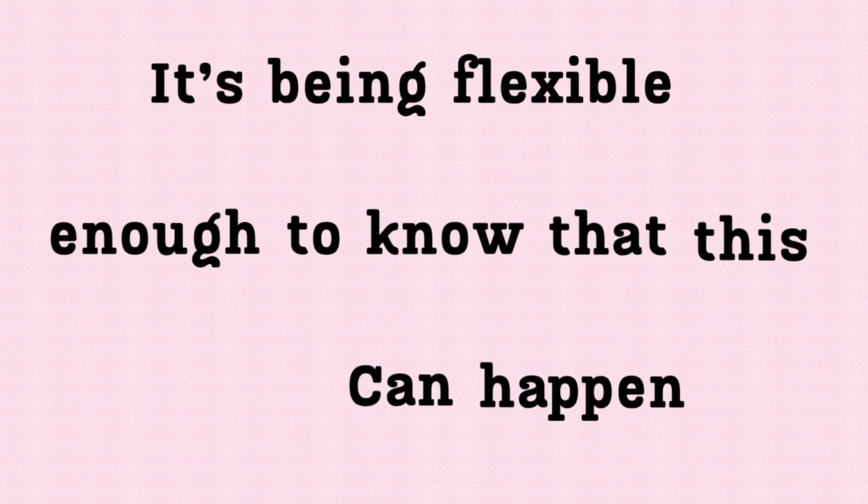And then you get to class, and whatever concept you're teaching, the children flip. The children you expected to do so well turn out to really struggle with the concept, and the children you expected not to, in your head, turn out to really get the concept and run with it. So again, it's being flexible enough to know that this can happen.